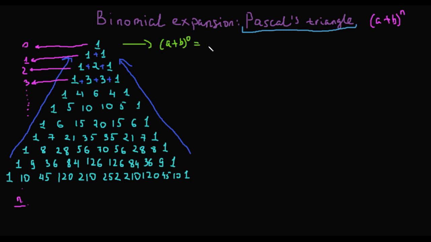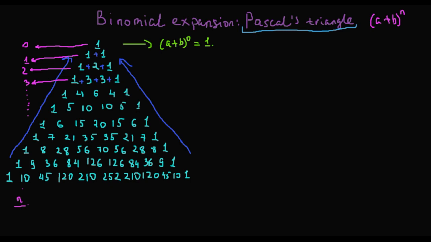I hope that every high school student knows that every expression (a plus b) to the power of 0 should be equal to 1. So this one comes from (a plus b) to the power of 0. What about the next one?